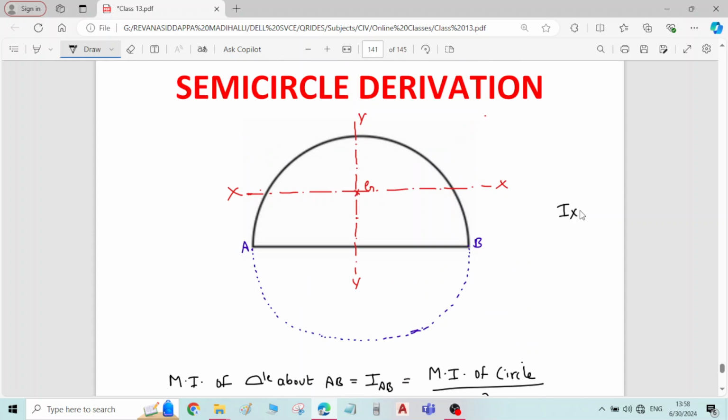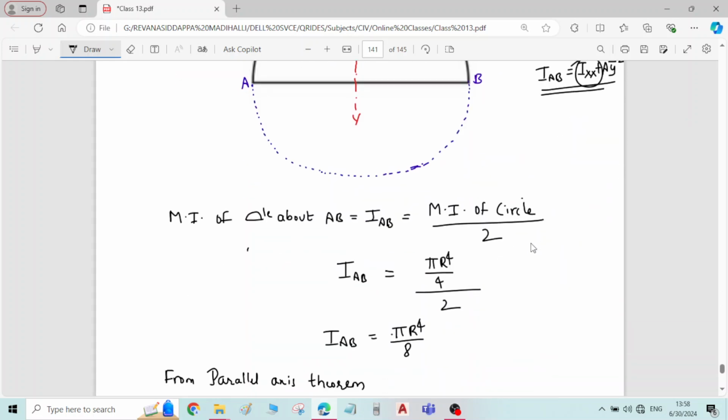If Ixx is the moment of inertia of this semicircle passing through the centroid, then moment of inertia of the semicircle about axis AB, which is parallel to x-axis, is given by Ixx plus A into y bar square. Okay, now we will use this equation and we will obtain the expression for Ixx.